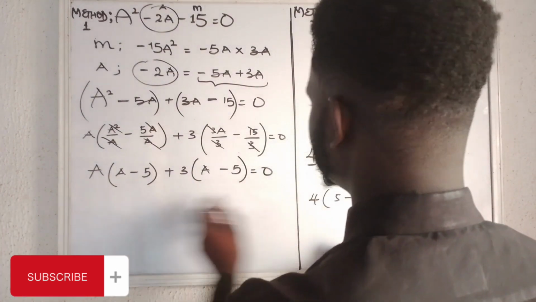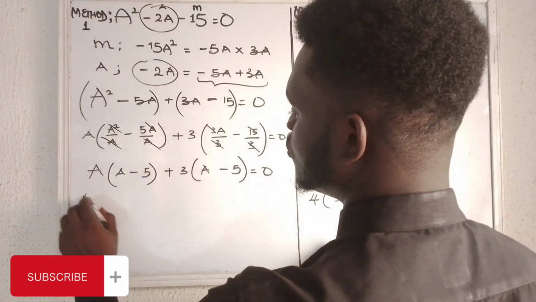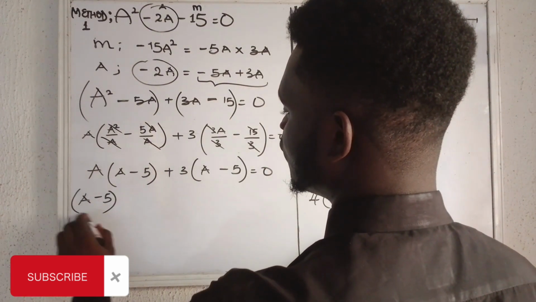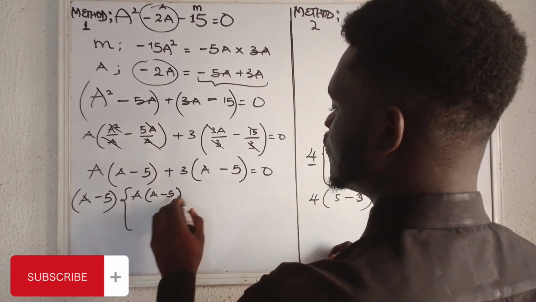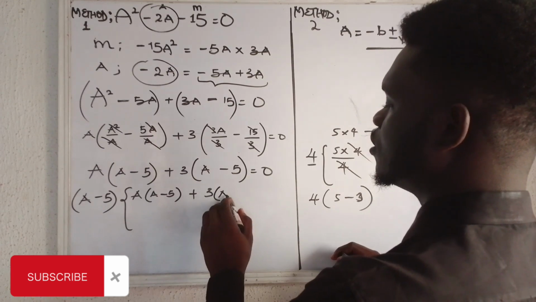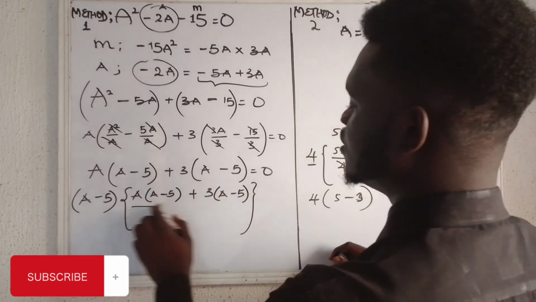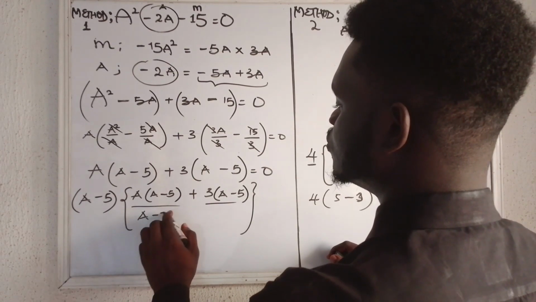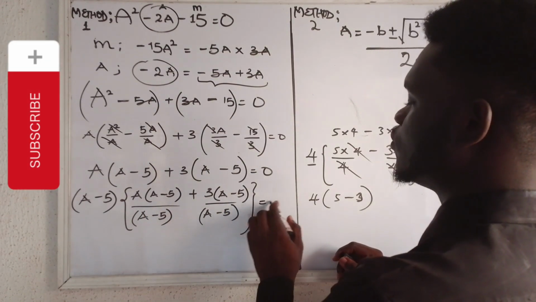So the same thing that you did here, because you can see now that a minus 5 is common on the two sides. So you bring out a minus 5. Then you have a minus 5 plus 3, a minus 5, sorry. Then you divide all through by what you brought out, a minus 5, another a minus 5 equals 0.